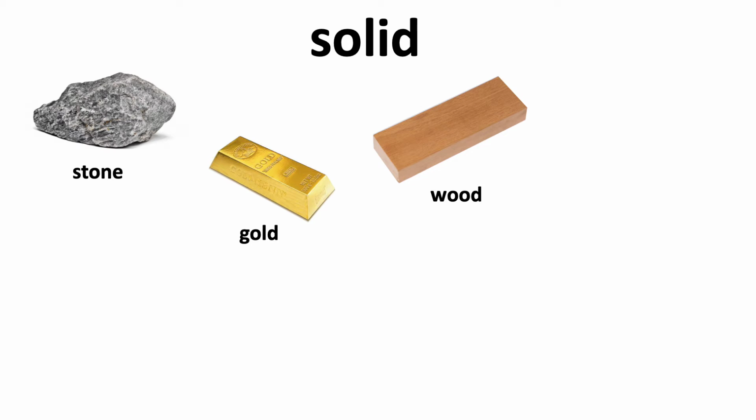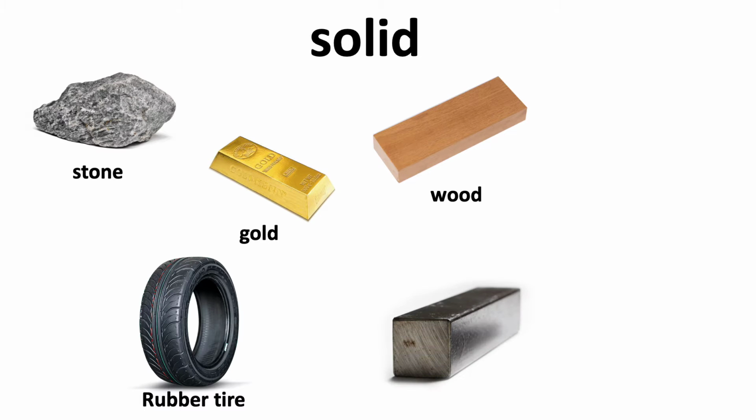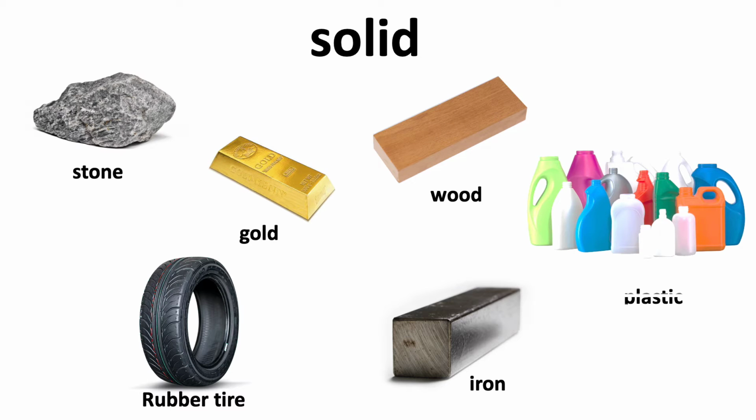Okay, that is also hard and its shape cannot be changed easily. Then we have also rubber tire, and we have also iron, which is very strong, and the last one is plastic, and many more. So these are all examples of solid matter.